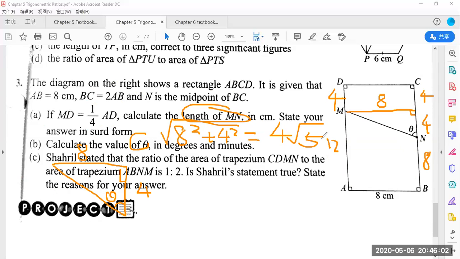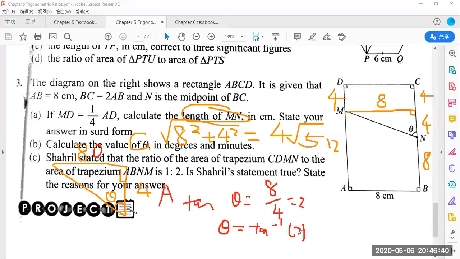Answer in surd form. And then for question B, you need to find the delta, right? So this one is O, this one is A. So we use tangent. Tangent delta equals O over A, right? O is 8, A is 4, so it's 2. So delta equals tangent inverse 2. Tangent inverse 2, how much?